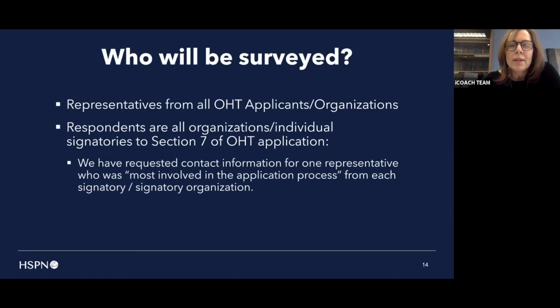So who is going to be surveyed? We are asking that we have representatives from all the 30 teams, from the organizations listed as signatories on Section 7 of the application.